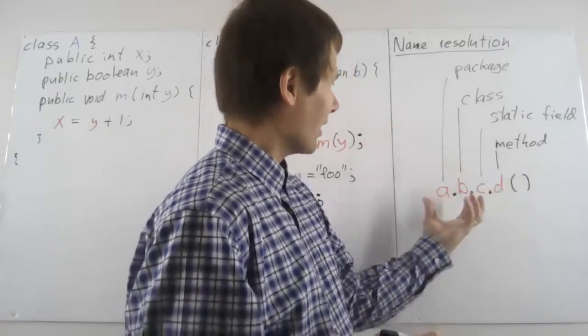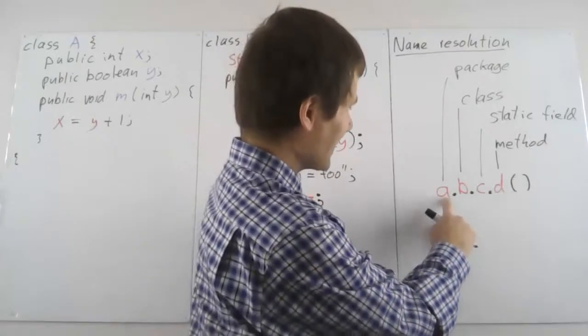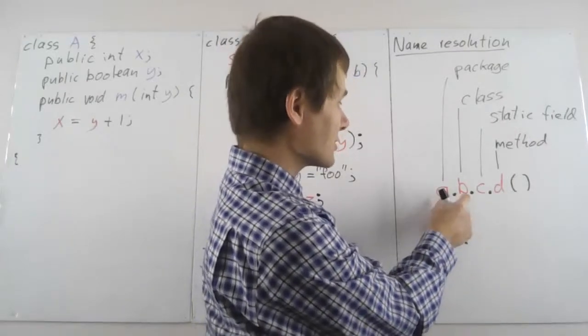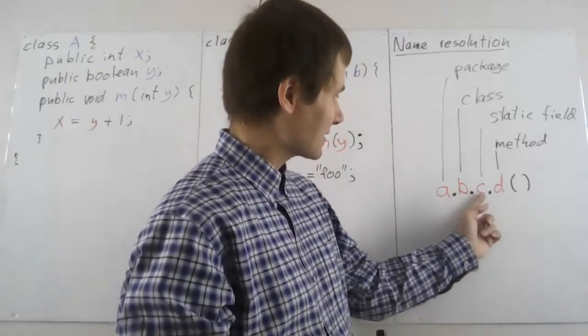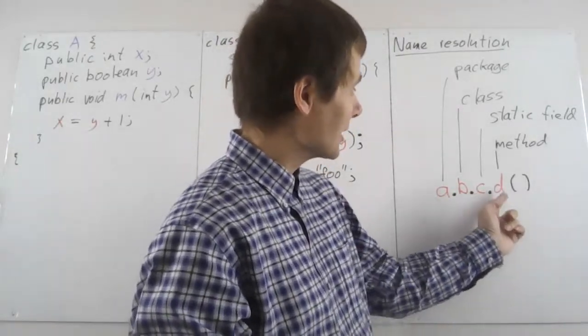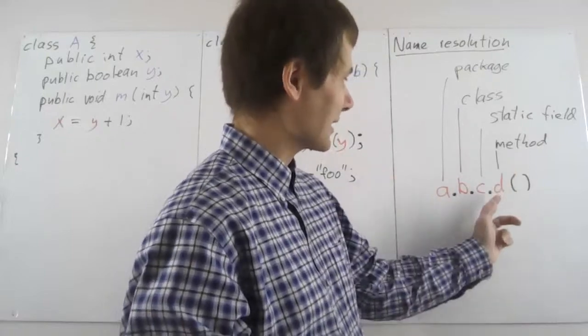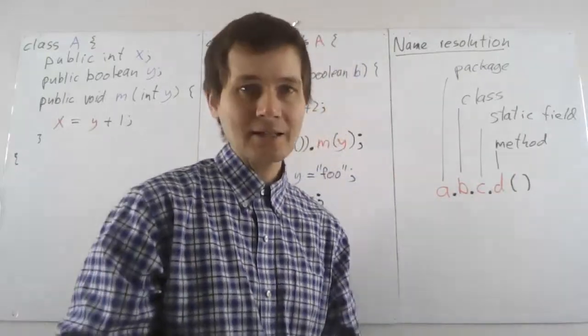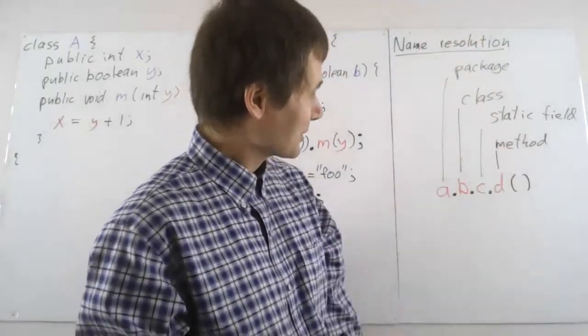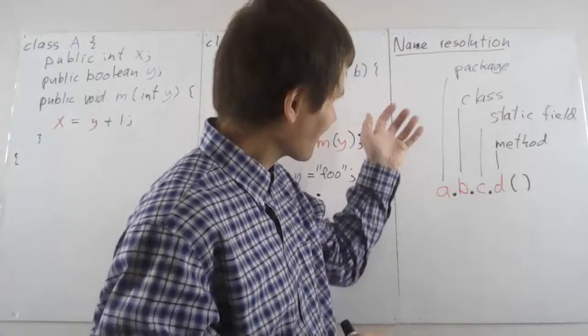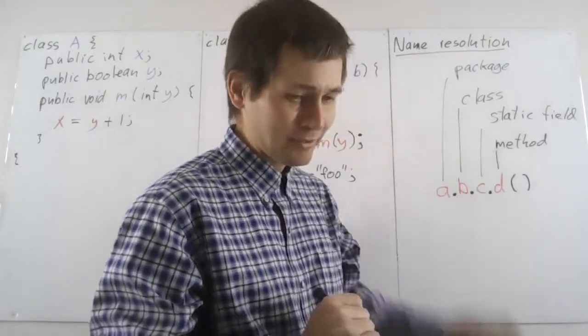On the same theme, A and B could both be packages. B could be a subpackage of A, and then C could be the class name, and D could be a static method inside that class. So these are two possibilities already, but they're not the ones that I would have thought of first.